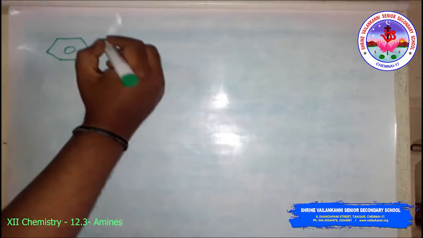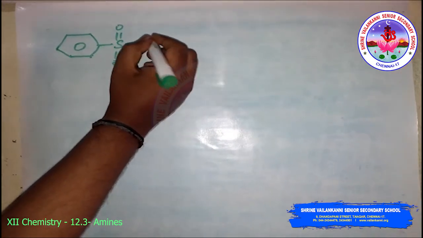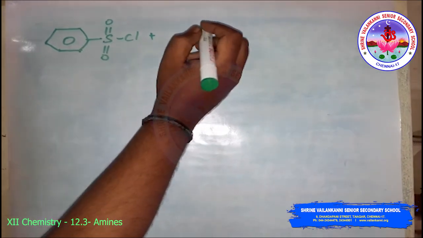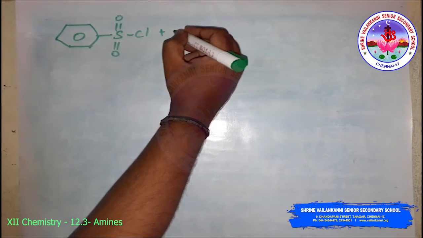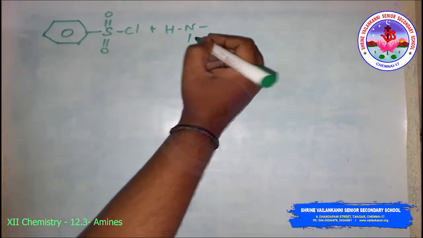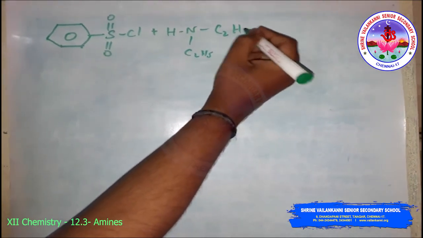Then reaction with secondary amine. Benzene sulfonyl chloride reacts with N-diethylamine, HN, so secondary amine, C2H5 and C2H5.